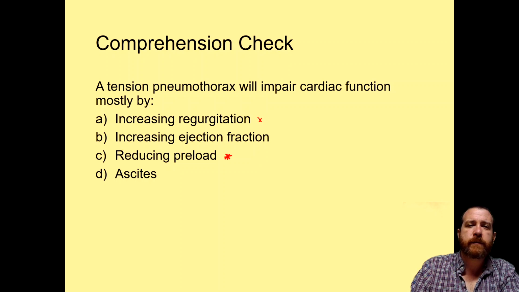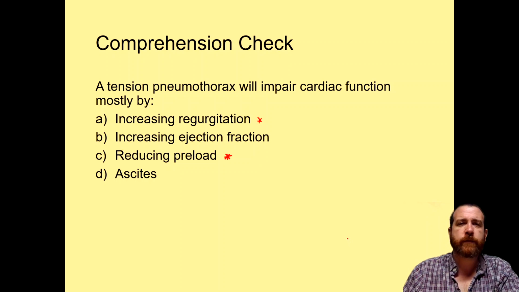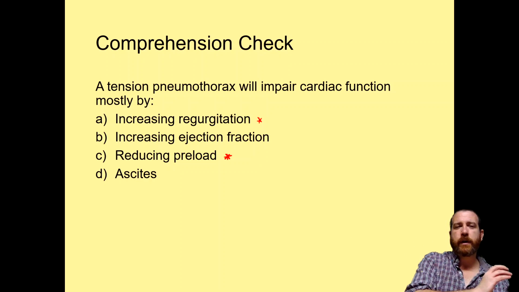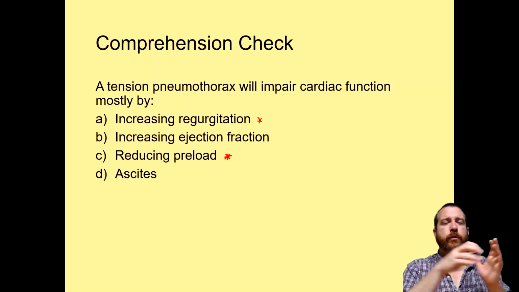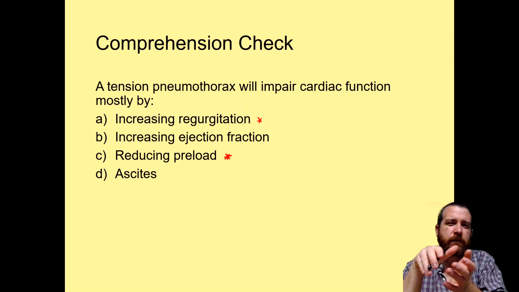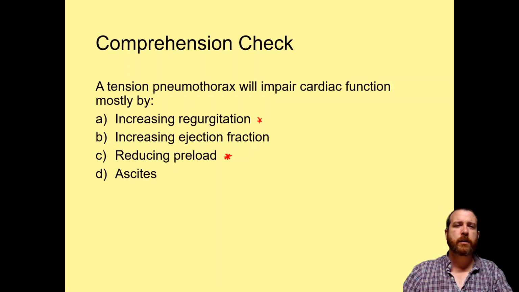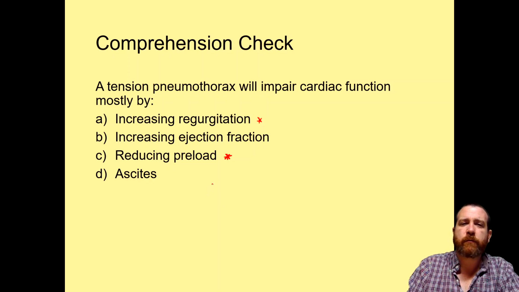We could have something like regurgitation occurring more often, right? If you're squeezing and pushing the heart over because of a pneumothorax on the left side, you could be causing those valves to not be able to regulate and correctly close and open. So you could have a little bit of regurgitation, but really we're mostly talking about preload issues here, right? Preload is our big problem.